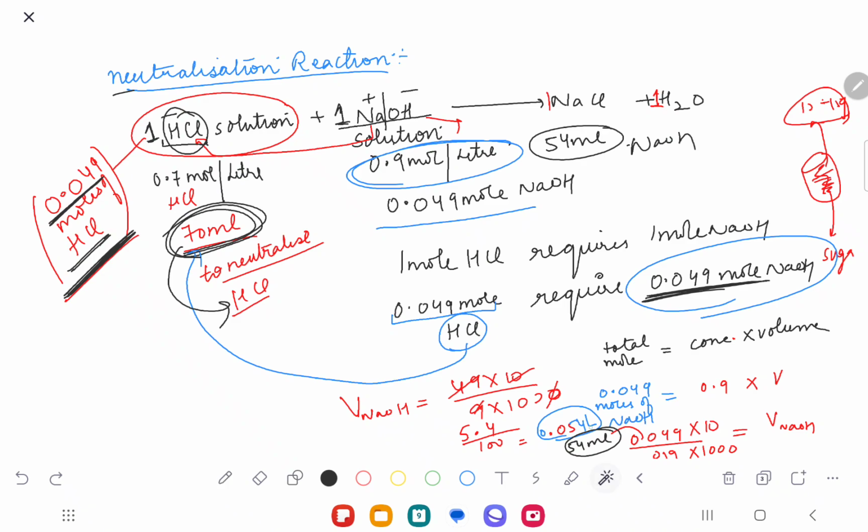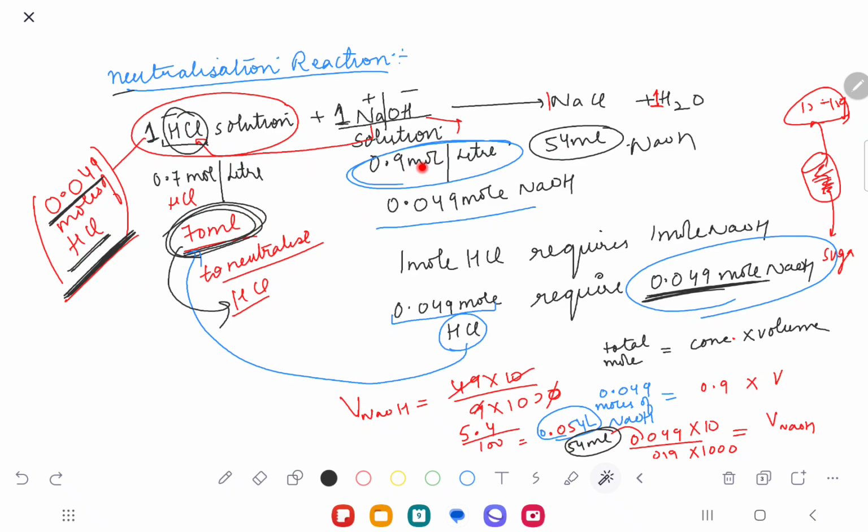Why so? Because both of their concentrations were different. NaOH was more concentrated. Can you see that? You had more NaOH per liter than HCl per liter. So if NaOH solution is more concentrated, you would require less volume of it to neutralize the larger quantity of HCl solution. Do you understand my point? So it's not necessary that you would require 70 ml of each.